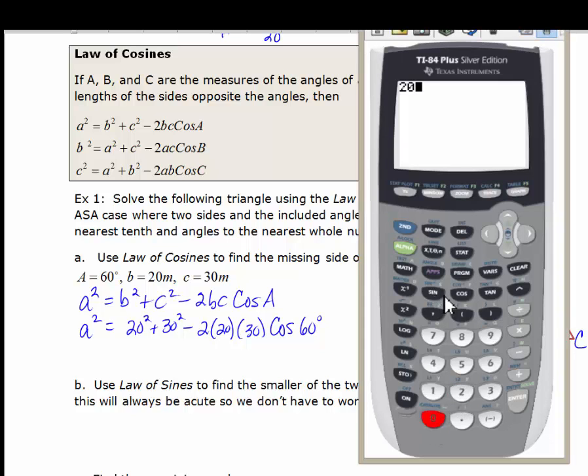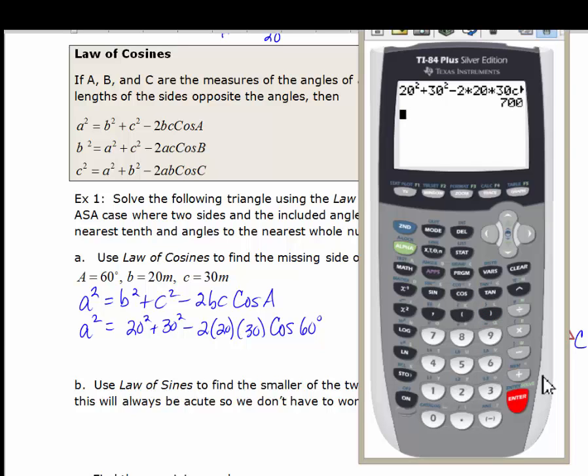So 20 squared plus 30 squared minus 2 times 20 times 30 cosine of 60, and hit enter, and we get 700.